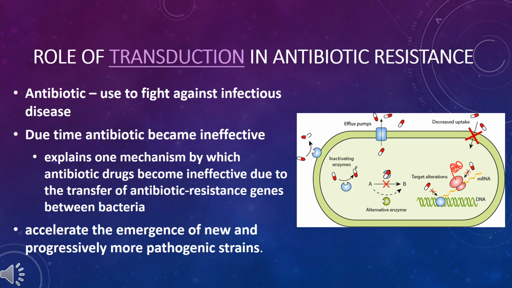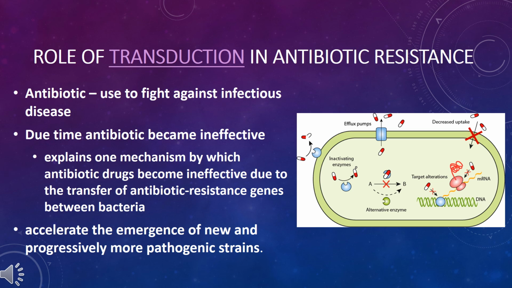Once a certain bacterial cell acquires these characteristics from the transferred gene, now they could be resistant to the antibiotic. And since horizontal gene transfer is continuously happening, this antibiotic-resistant gene will be passed from one bacterial cell to another, making the antibiotic ineffective in some ways.